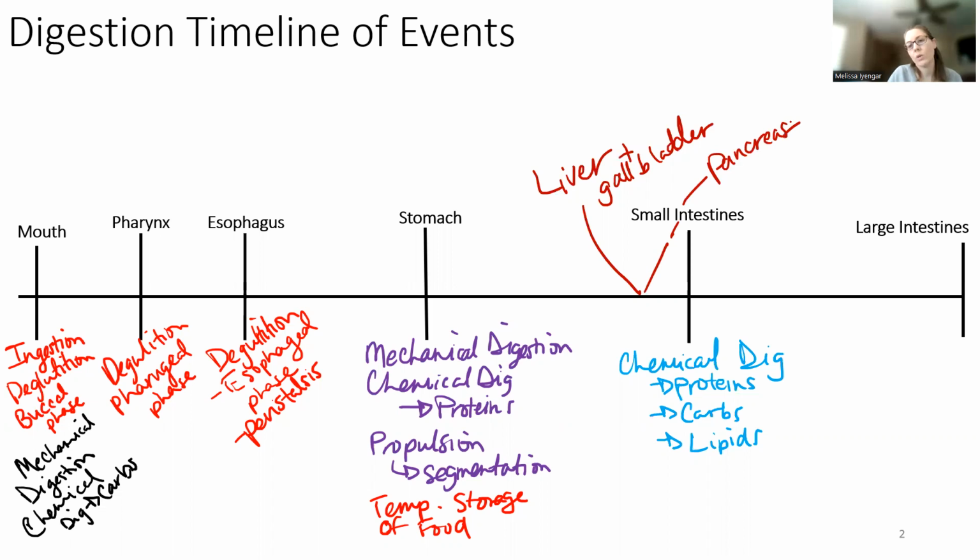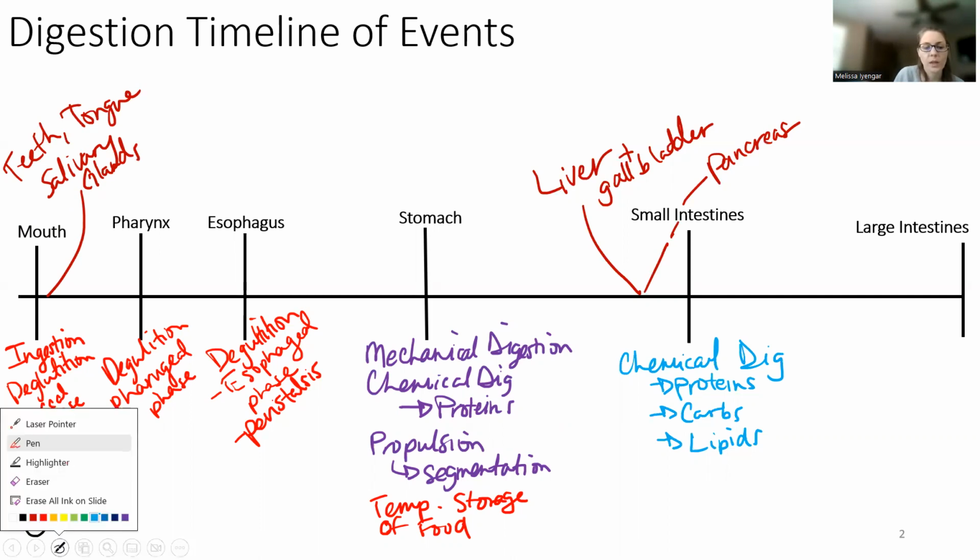Those are our accessory organs that are really important and attached to here. If you want to put over in the mouth, you can put salivary glands, teeth, tongue. All those to me would be accessory stuff. Okay. So chemical digestion starts and continues throughout the small intestine.